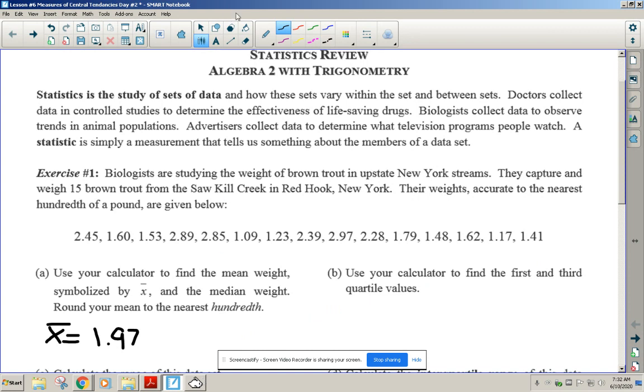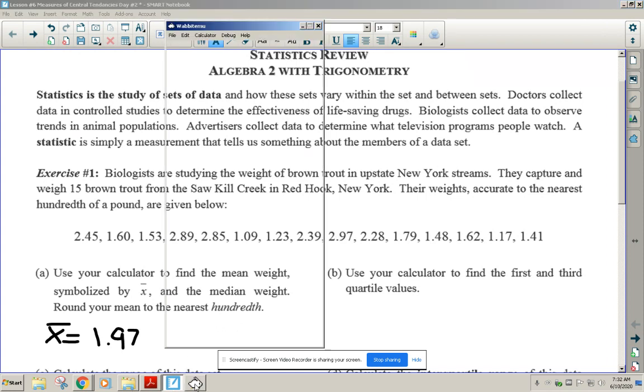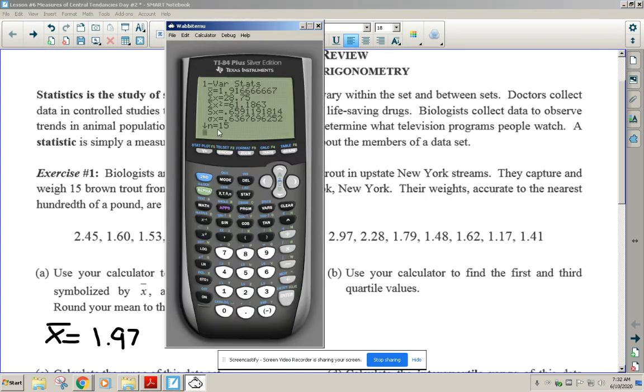Okay. Use your calculator to find the first and third quartile values. Now I'm actually probably just going to type these because it'll be easier, but when we do this, we look and we see, okay, we have 15 items, which we wanted to know about. Here's my minimum, 1.09. So this is what I was saying when I said they sort it for you.